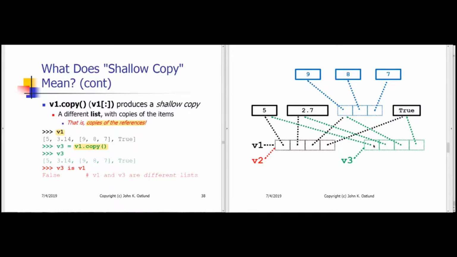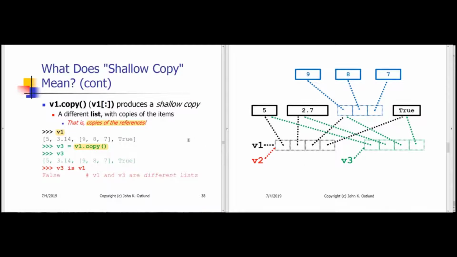So the first item in v3 is a reference to the 5. The second item is a reference to the 3.14. The third item in v sub 3, that is the sub 2 item, is a reference to this list, which in turn is references to 9, 8, 7. Specifically, not only did I not get a copy of the 5, the 3.14, and the true, but I also did not get a copy of the 9, the 8, and the 7.